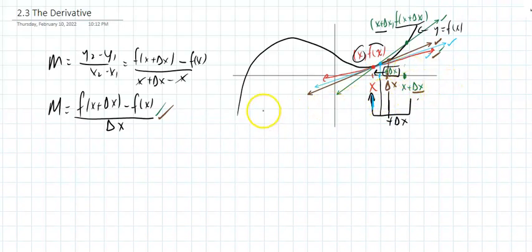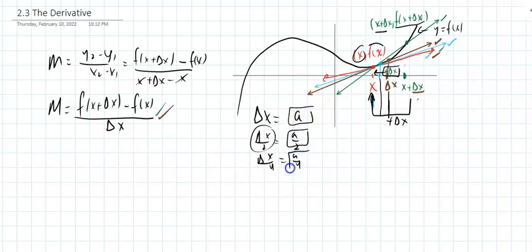Well, if delta x was a value, then I cut it in half, the second stage. Then I cut this in half. Do you see that if this is 10, this is 5, this is 2.5? So what I'm doing, I'm shrinking delta x to 0. If delta x approaches 0, then I get the two lines infinitely close.